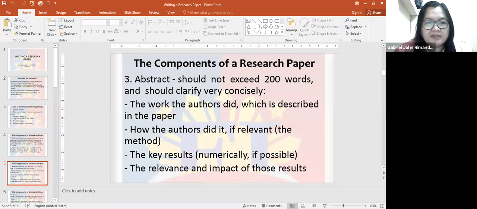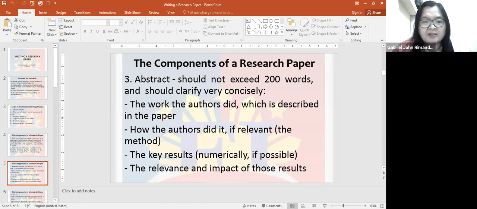For example, you say 48% of blah blah blah was found out to be like this. So the content of your abstract should be as concise as possible. And then the last part would be the relevance and impact of those results, which you take from the conclusion and recommendation part of your research paper.